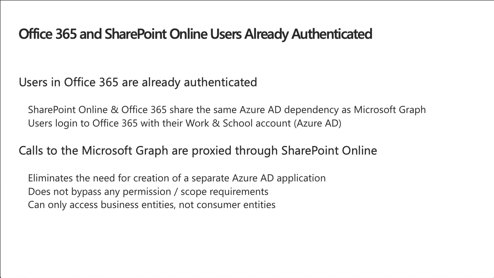The reason for that is because the Graph only runs in Microsoft 365 and Office 365. So we don't have to worry so much about, number one, the consumer accounts, and number two, creating an Azure AD account or dealing with the login process, because before they can even call the Graph, they're already logged in because they're inside of SharePoint Online where the SharePoint Framework is.